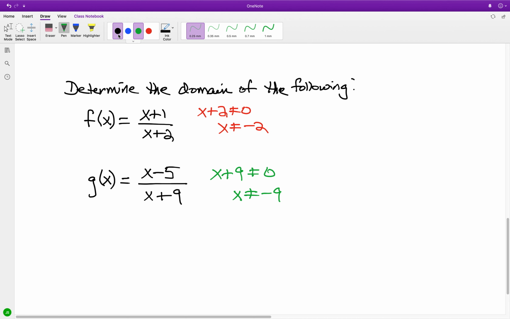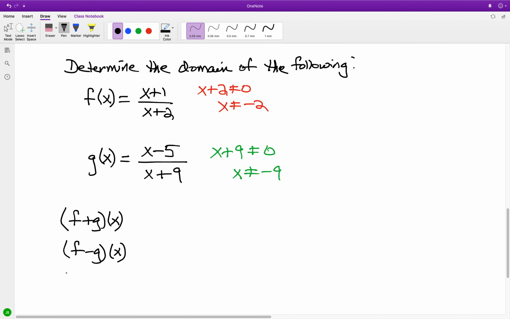Now, if I apply this to the sum, difference, and product functions, we have, on the one hand, x cannot be equal to -2, and also x cannot be -9.